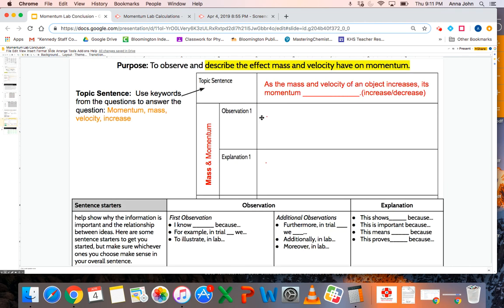So when I go back to my observations, I'm going to choose a sentence starter. I'm going to say, I know, for example, in lab, or to illustrate in lab.